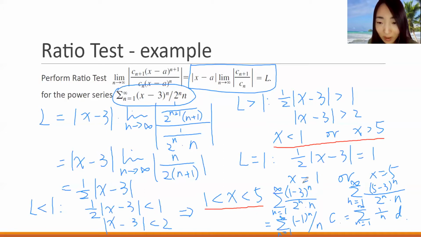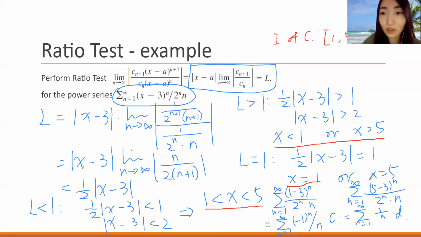And if we are at the point when x is equal to 1, the series also converges. So to put it together, the interval of convergence in this case would be from 1 to 5. 1 is included, 5 is not. And the radius of convergence in this case would be 2.